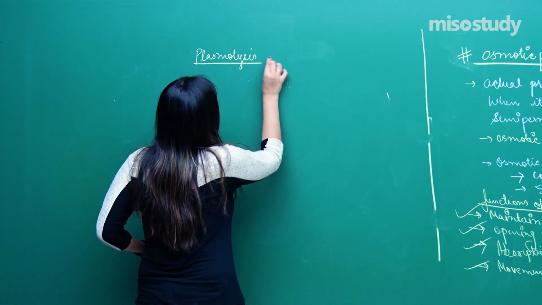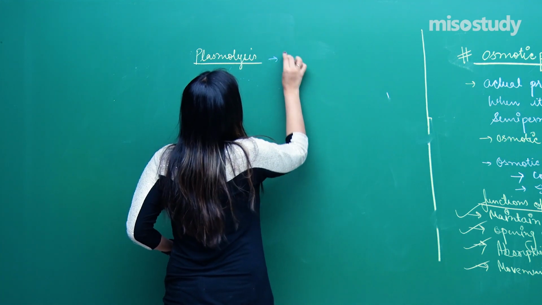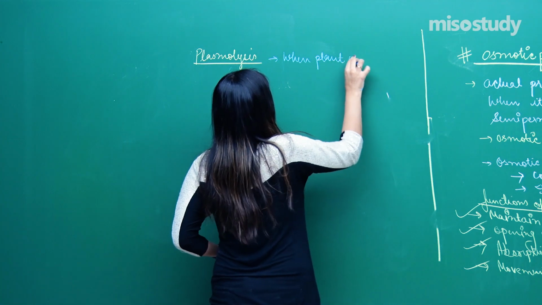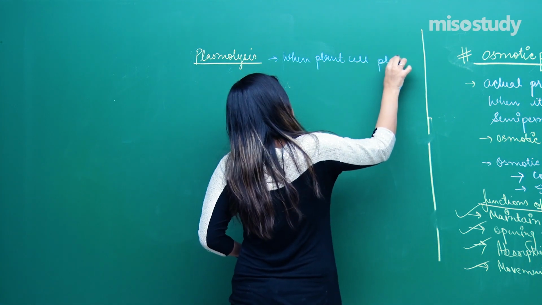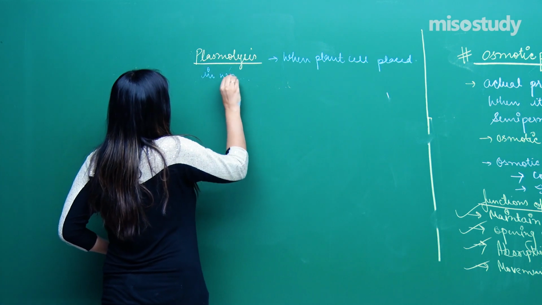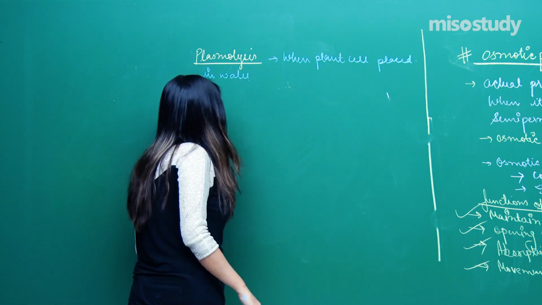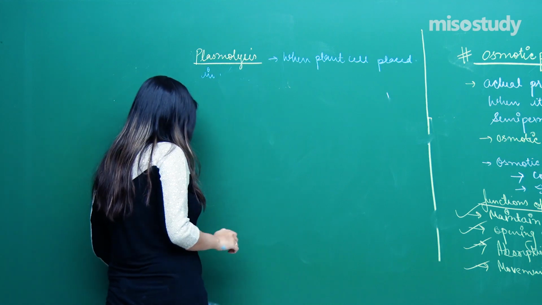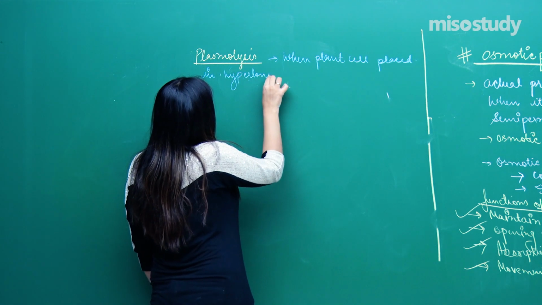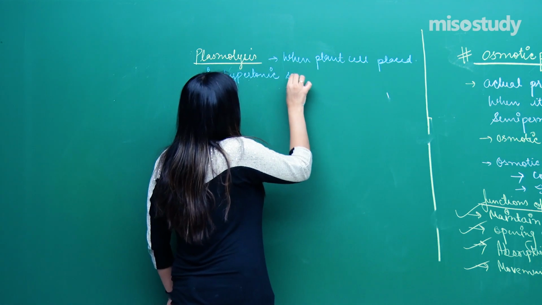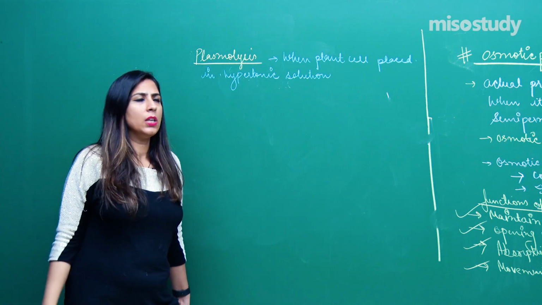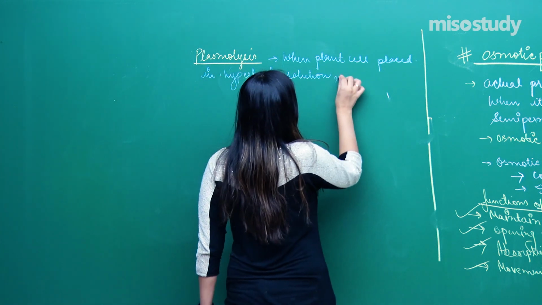When a plant cell is placed in a hypertonic solution, now what will happen?